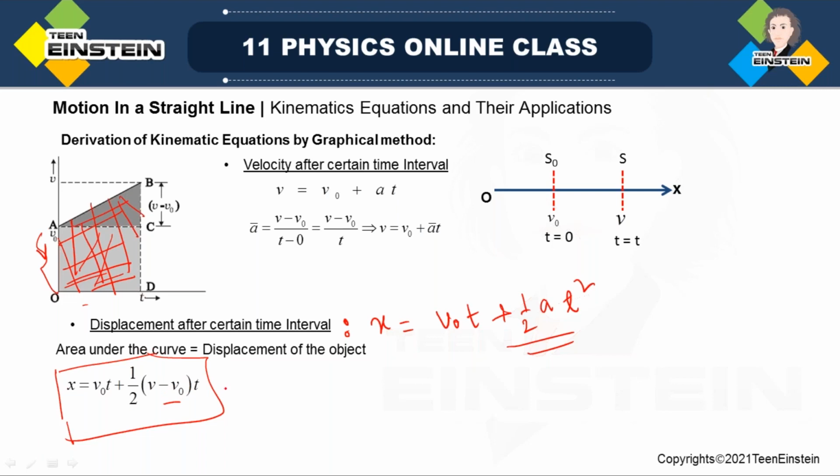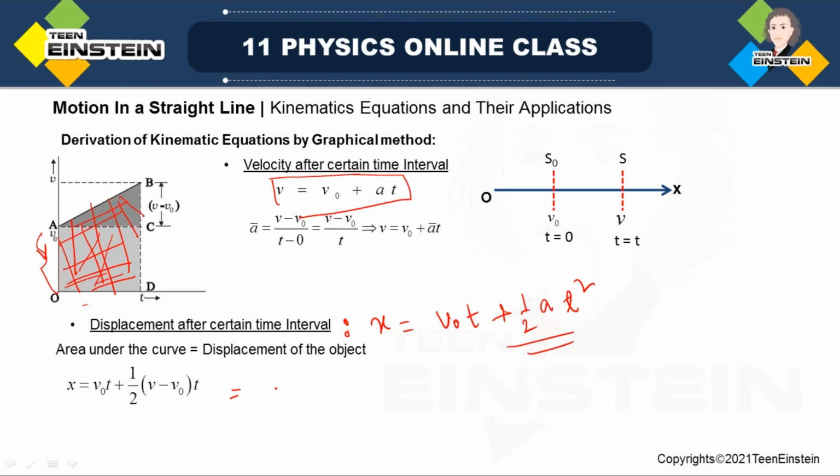Let us do some simplification with this itself. We have learned from the previous equation that v minus v0 will be a t.